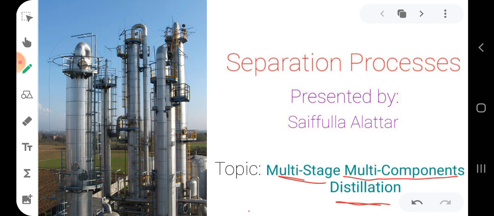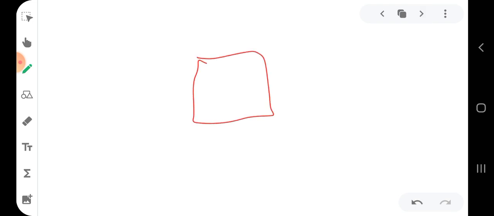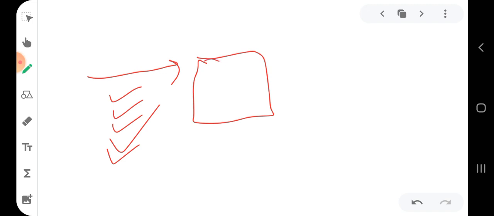Actually, it is not a very new term because we discussed it before, the single stage multi-component distillation. If you remember, in the previous videos, we talked about the single stage where we have only one stage and we have a feed that contains many components, 1, 2, 3, 4, 5, and these components are being distilled using a single stage.